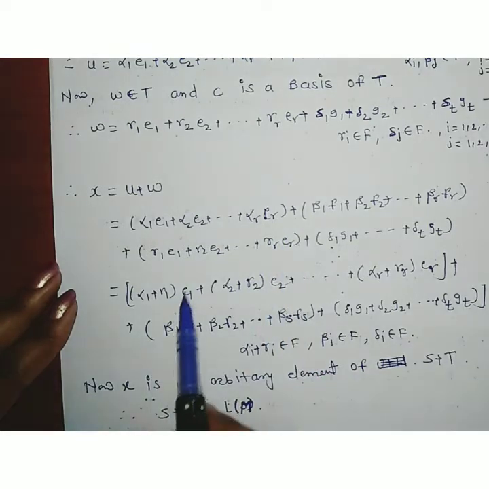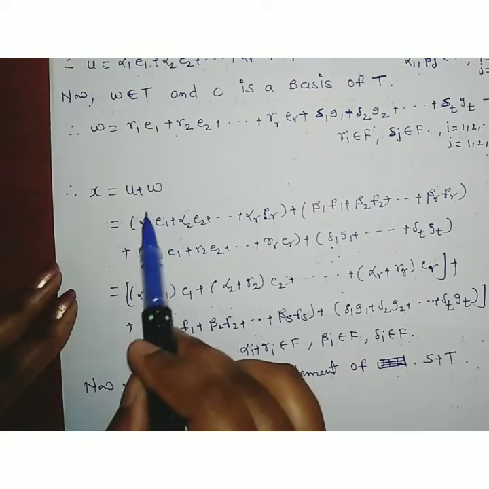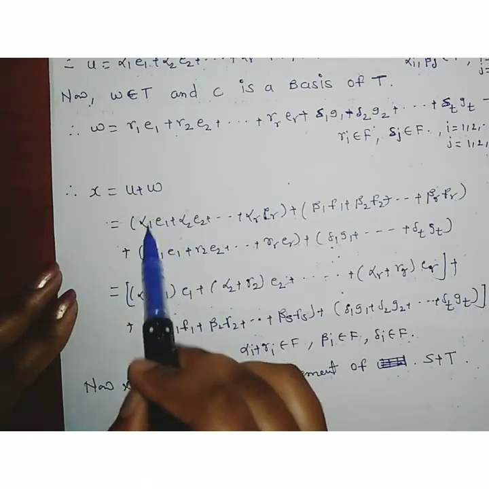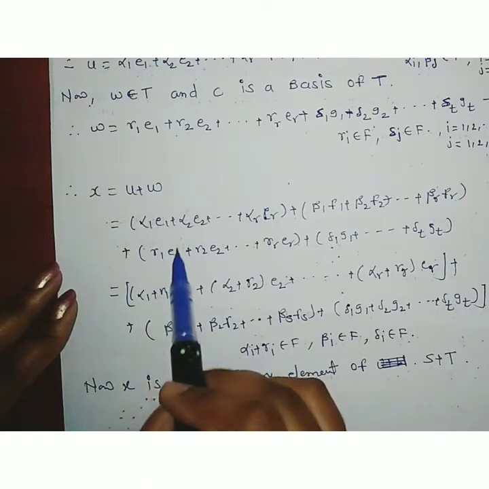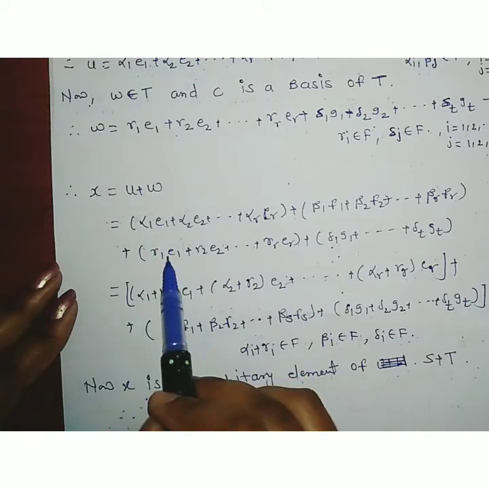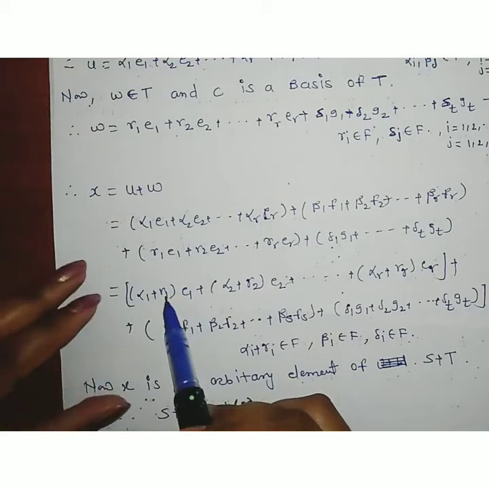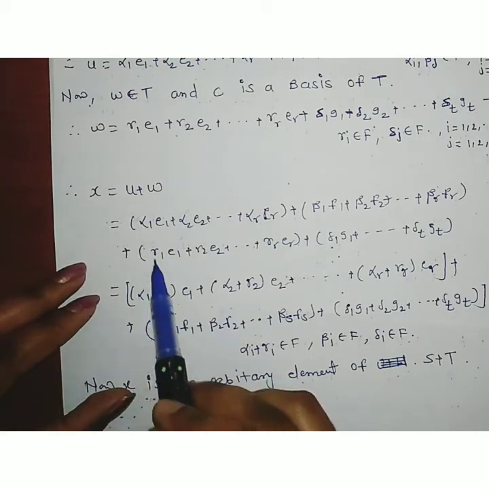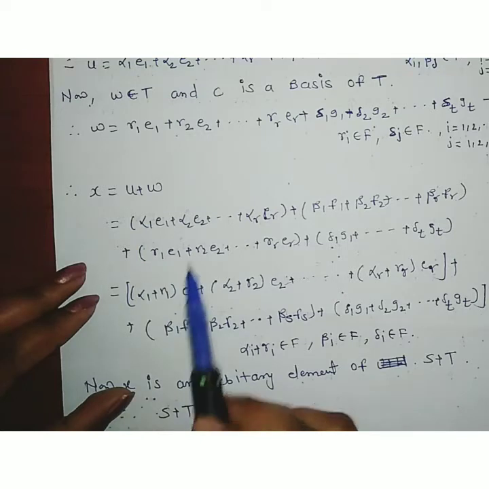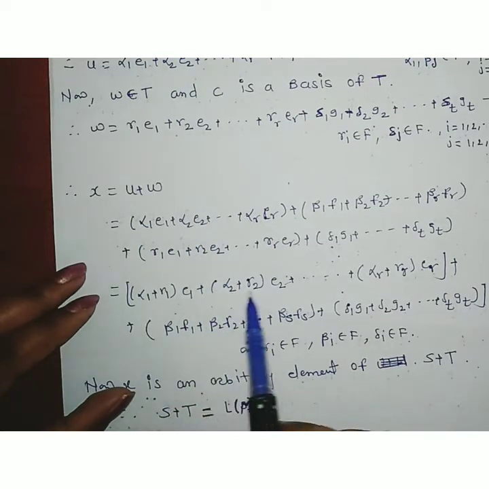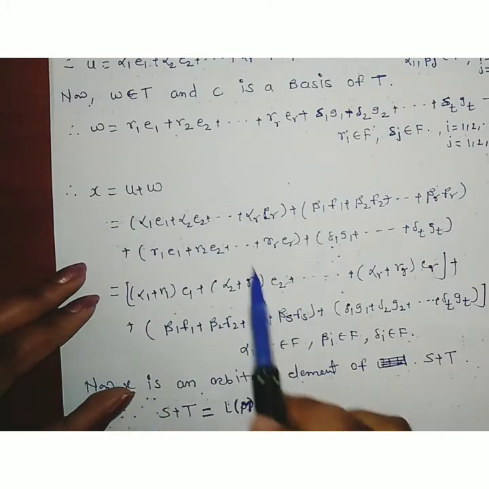So consider the first term in both brackets. Take e1 outside the bracket as common from those two terms, and the common part should be taken inside the bracket. Therefore, this is alpha 1 plus r1, times e1. From the second two terms, this should be alpha 2 plus r2, times e2, and so on.